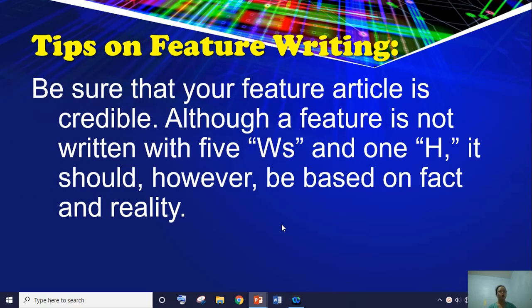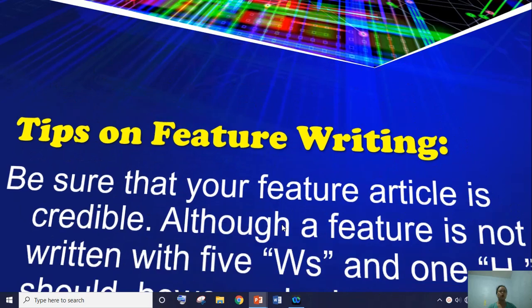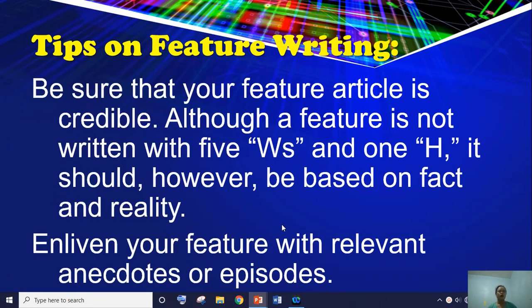Tips on feature writing. So first, be sure that your feature article is credible. Although a feature is not written with 5 W's and 1 H, it should, however, be based on fact and reality.